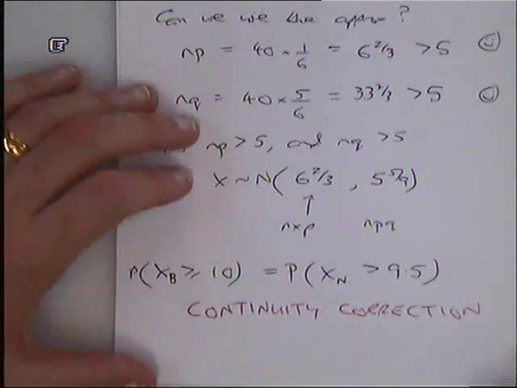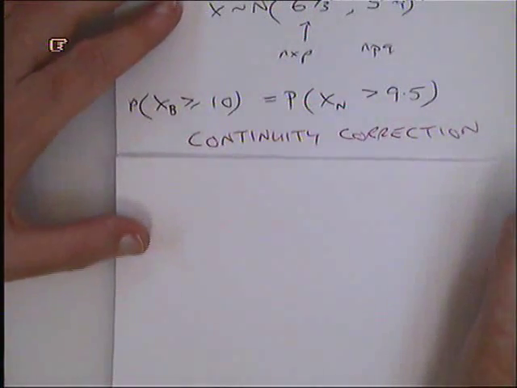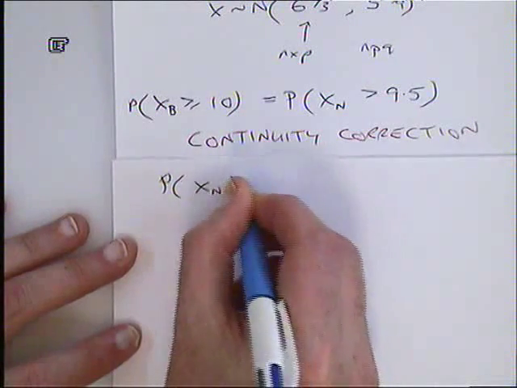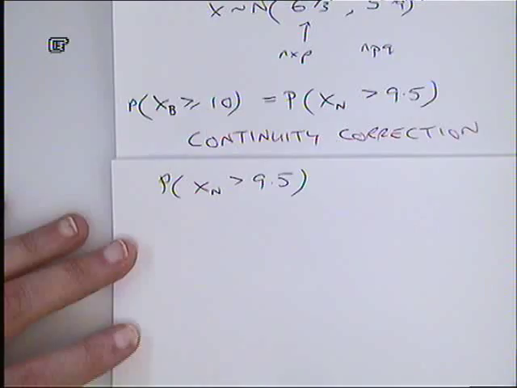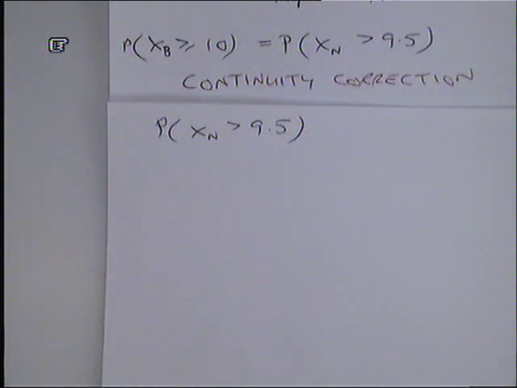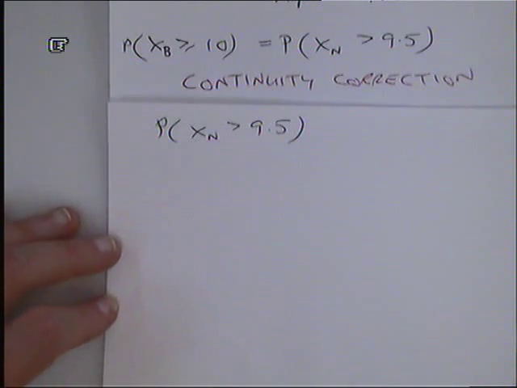Okay? So, our question has now become, I'm just going to write that line down again. We are working out the probability that X on the normal distribution is greater than 9.5. Thinking back to what we did earlier today, why don't we like the way that's written down at the moment?